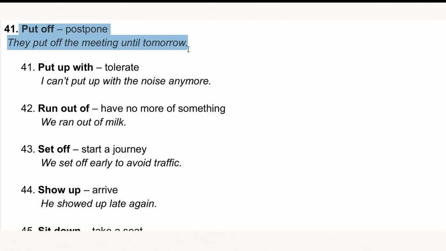This means that maybe the meeting was supposed to take place today, but they put it off until tomorrow. So now this is to postpone.